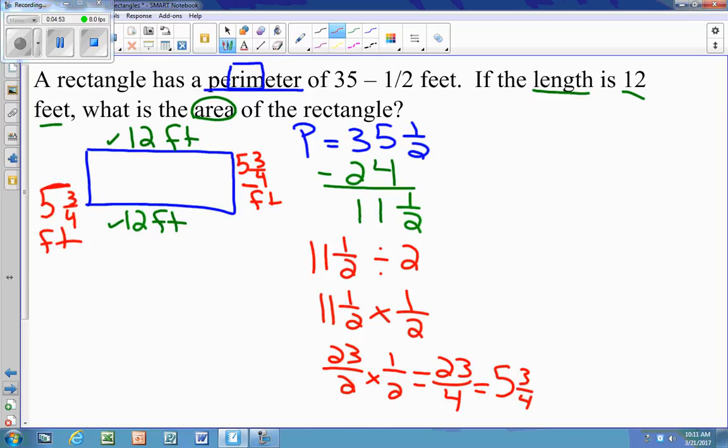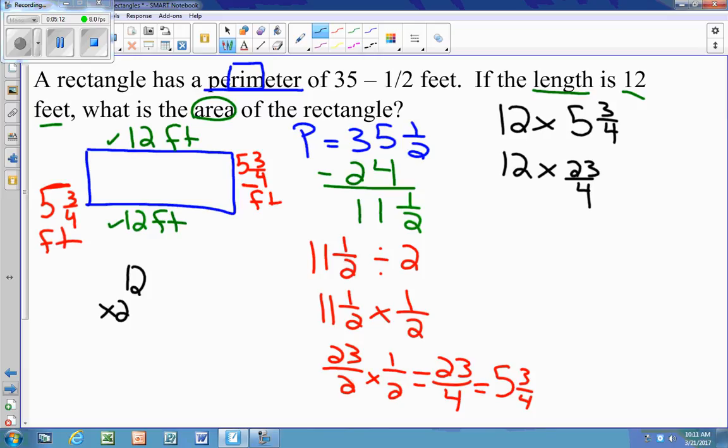And now I want to find the area. In order to find the area, I take my length and I multiply it times my width. And in this case, I'm going to turn my width into an improper fraction. I might not be able to do that in my head, so I'm going to come over here and do 12 times 23.